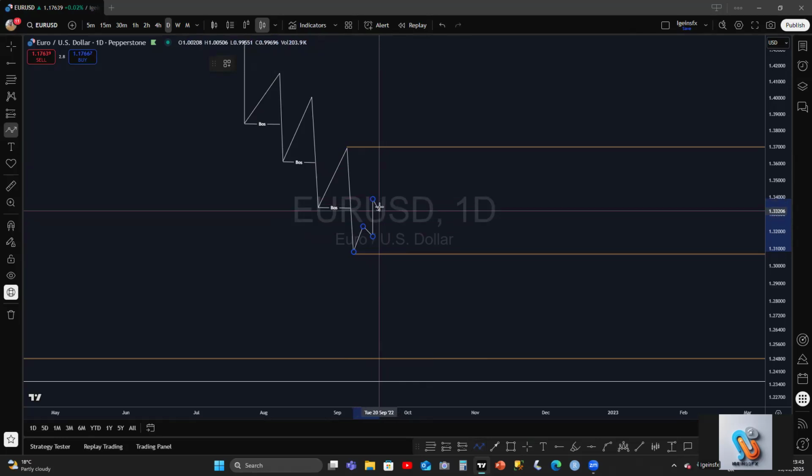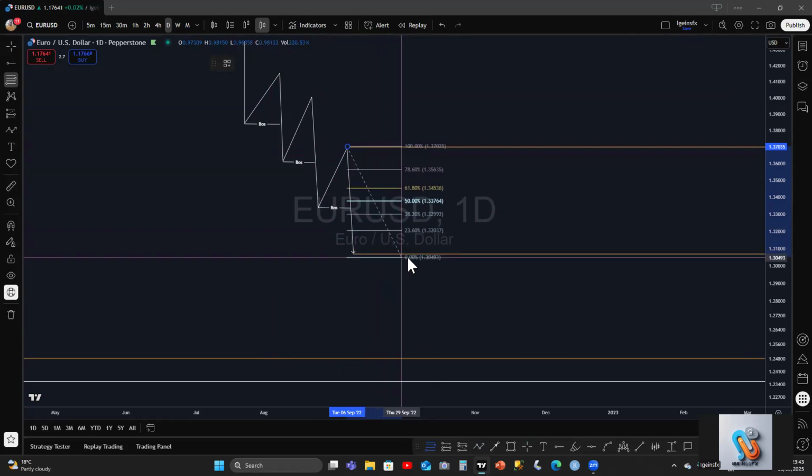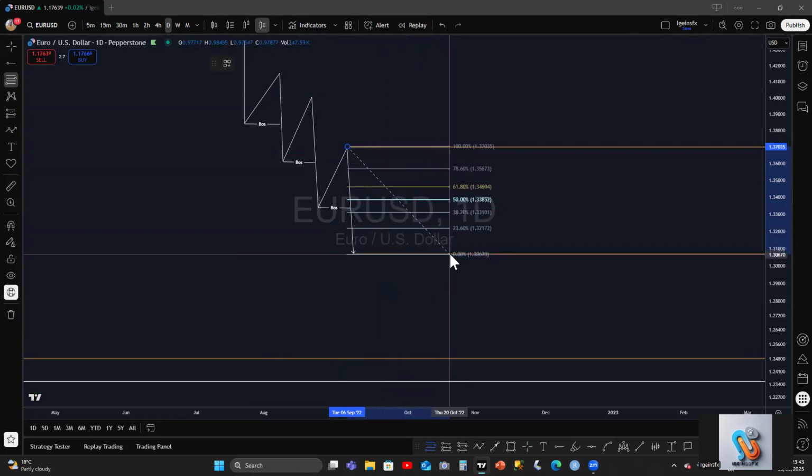What do we need to do then? Bring out our fib, start the plot from the top, which is the resistance level, to the support level.